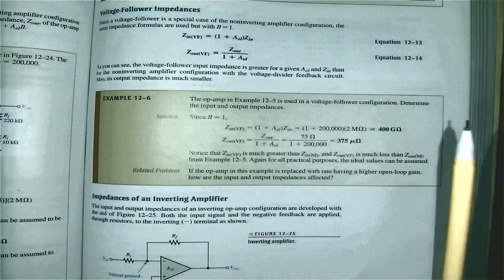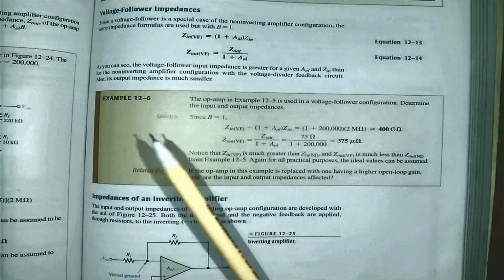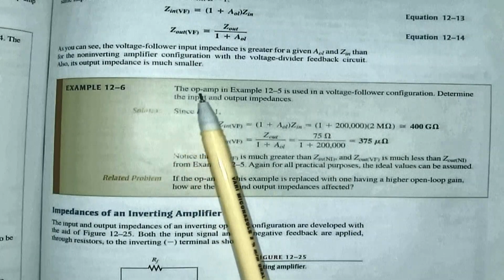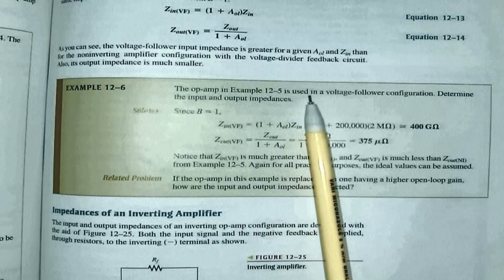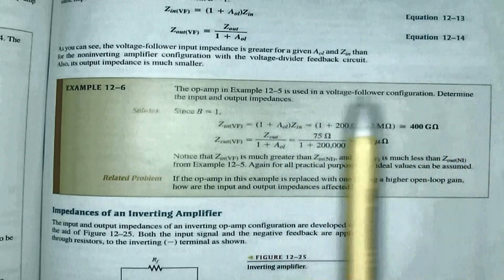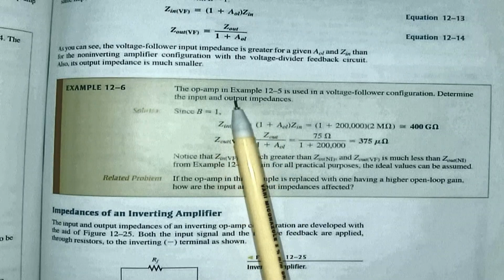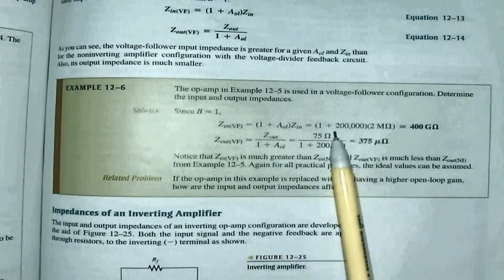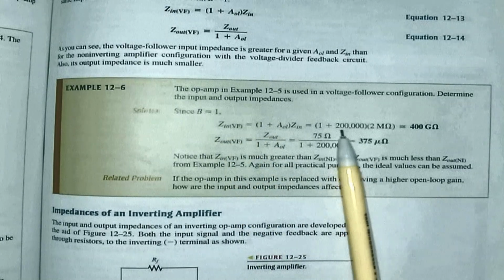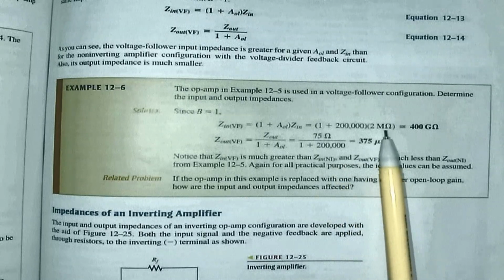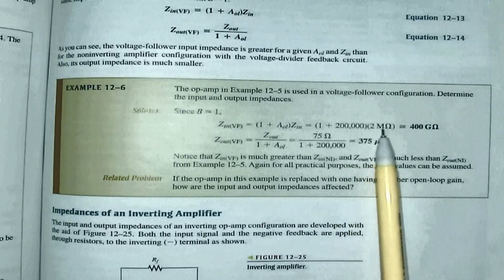Let's have a look at example 12.6. They say the op-amp in example 12.5 is used in the voltage follower configuration, determine the input and output impedances. The same device, the open loop voltage gain was 200,000. The input impedance was 2 megaohms.